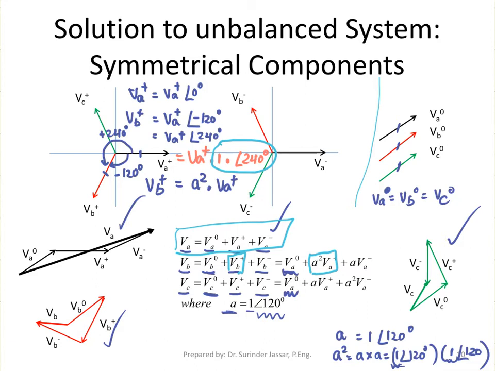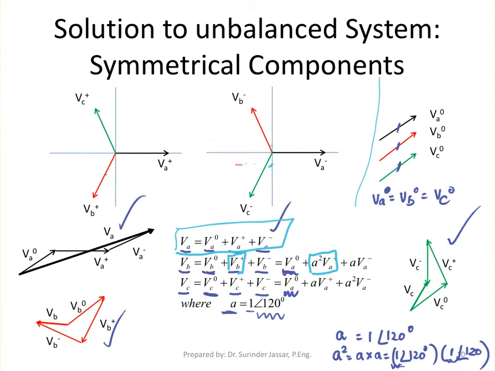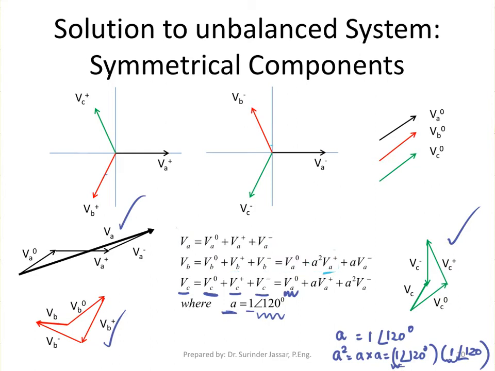So let's clear some parts of it. We're saying VB positive is replaced by A squared VA positive, and now we're working on VB negative, how we can express it in terms of VA negative.